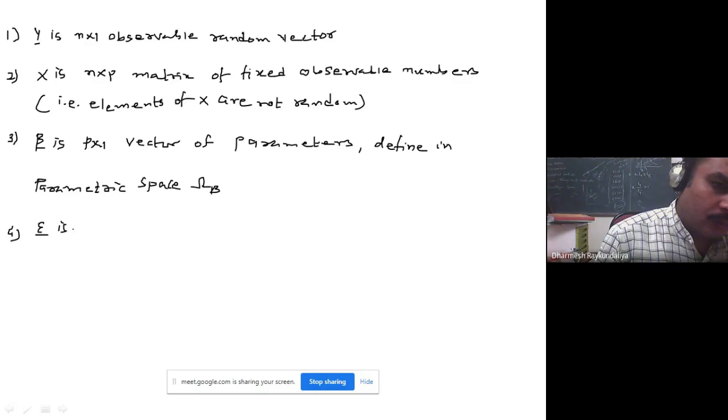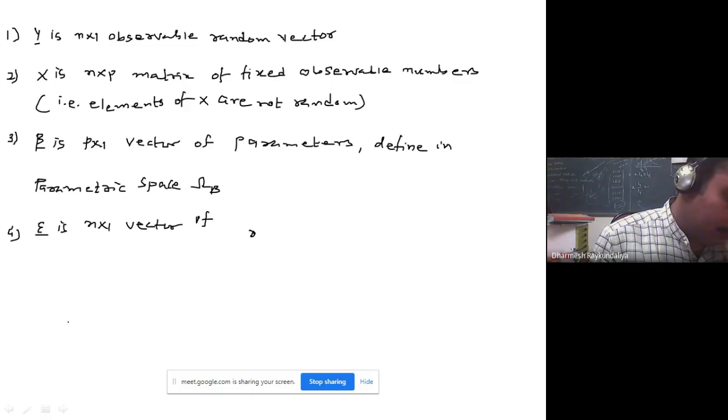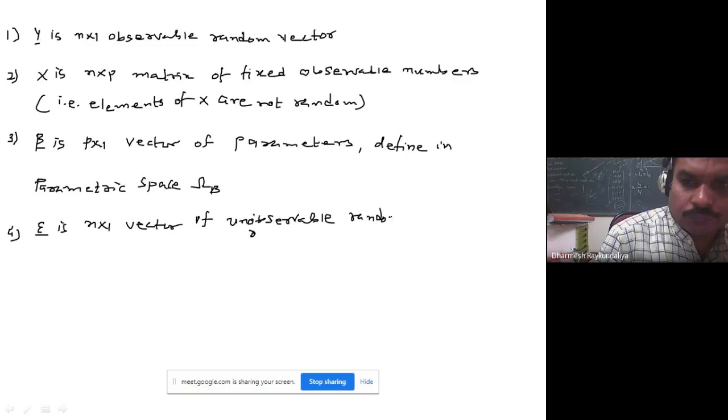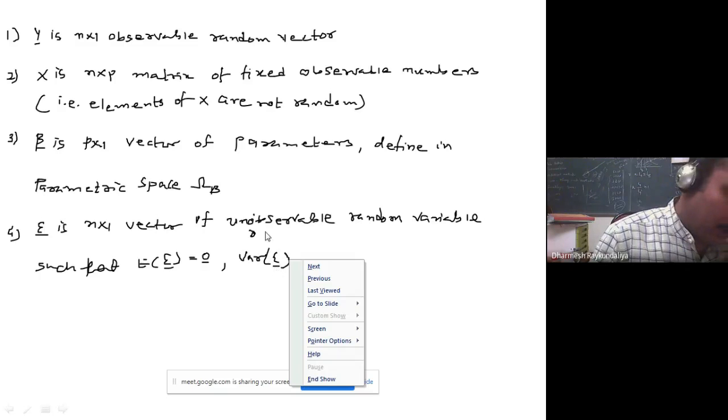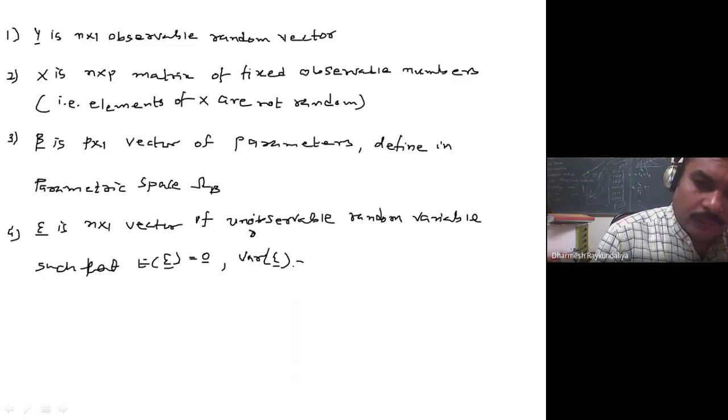Epsilon is an n cross 1 vector of unobservable random variables such that its mean is 0, that is, the expected value of epsilon is 0, and the variance of epsilon we are writing in the form of a variance covariance matrix sigma.